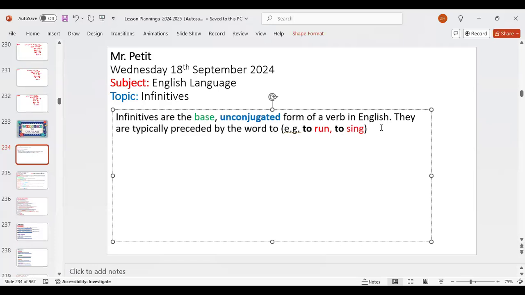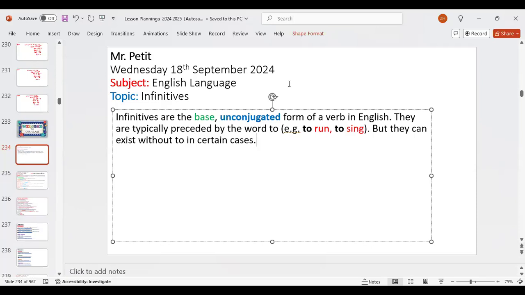To typically comes before them, but they can exist without to. They don't need to, but to gives you a hint. So they can exist without to in certain cases.